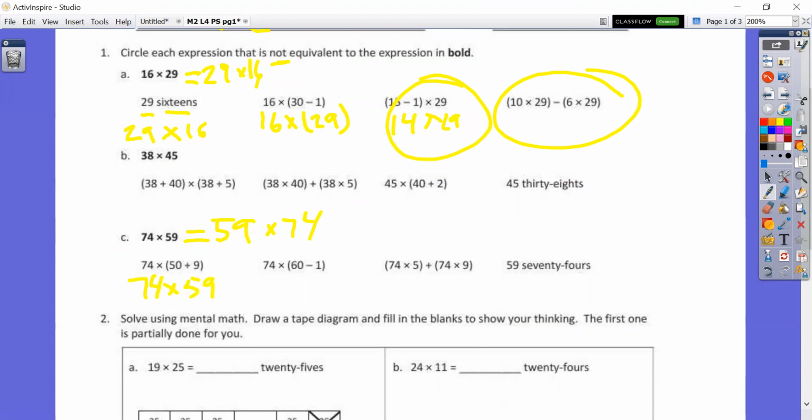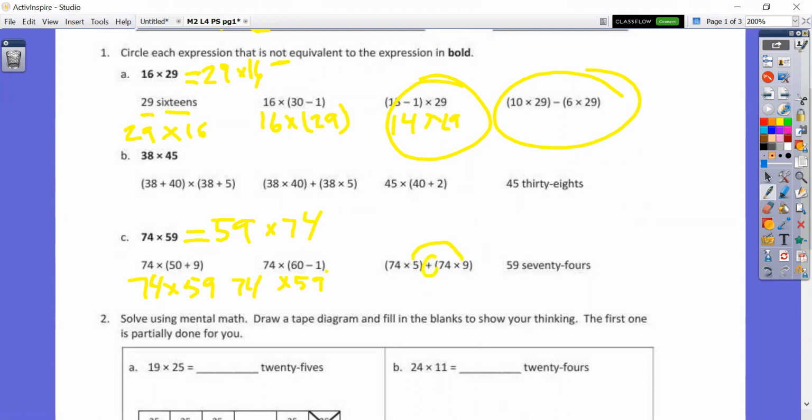So that's exactly equivalent. 74 times, and remember, we always do what's in the parentheses first. So, sorry guys, 74 times 59 again, that's equivalent. And then we have 74 times 5 and 74 times 9.